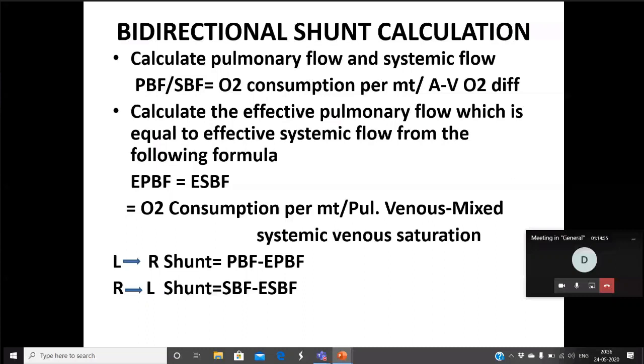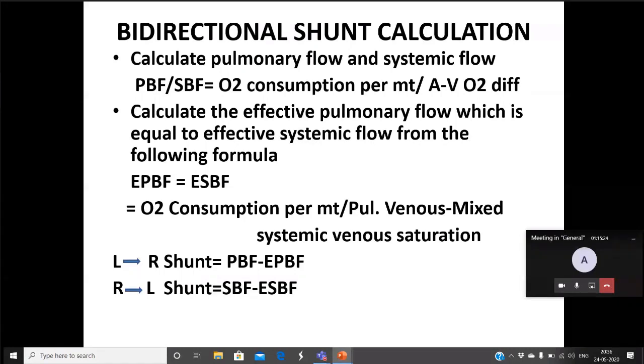What do you mean by effective pulmonary blood flow or effective systemic blood flow? Any one of you? It is the amount of blood from the systemic circulation going to the lungs for getting oxygenated. Yes. The amount of blood which is getting oxygenated, and also the amount of blood which is taking part in the oxygen delivery, which both are equal.